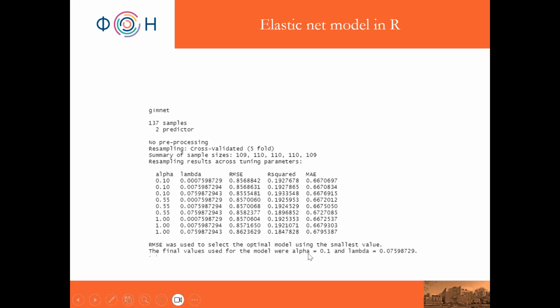So in this case, the best elastic net model is the model for which alpha is 0.1 and lambda is 0.0759. So those are the parameters creating a model which takes into account ridge regression constraints, lasso regression constraints, and creates a good model.